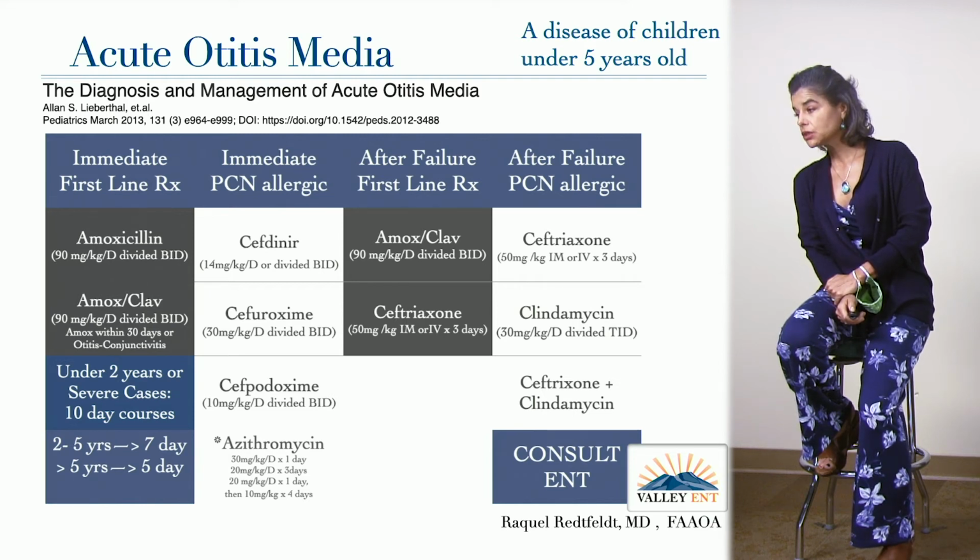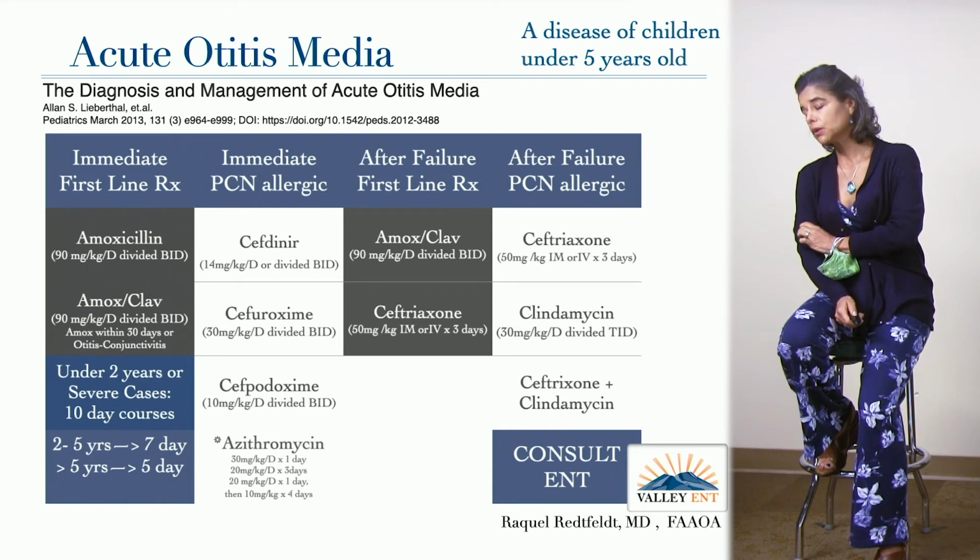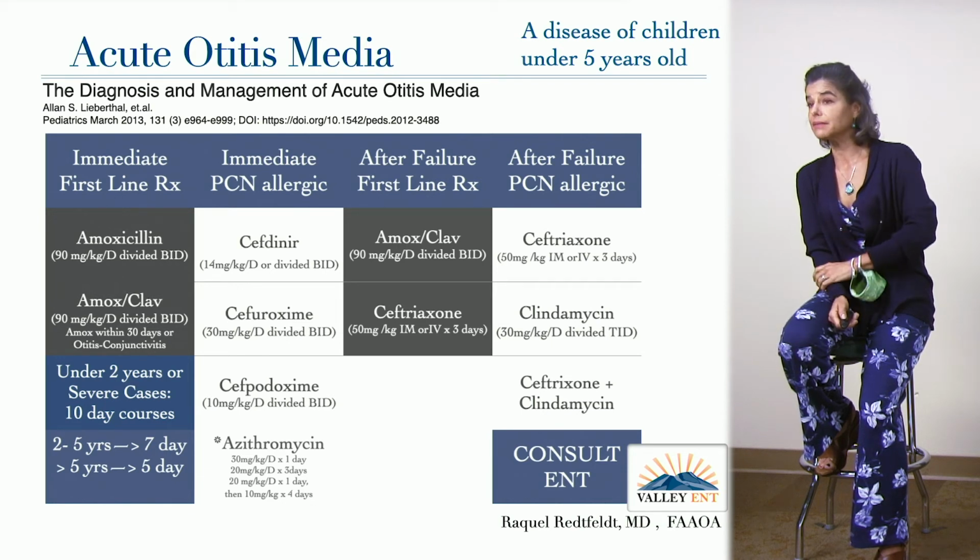If they're penicillin allergic, then you're going to go from that third-generation oral cephalosporin to a Rocephin shot, the ceftriaxone shots, which is going to be a 3-day course for them. And this paper recommends that the 3-day course of ceftriaxone be combined with clindamycin.